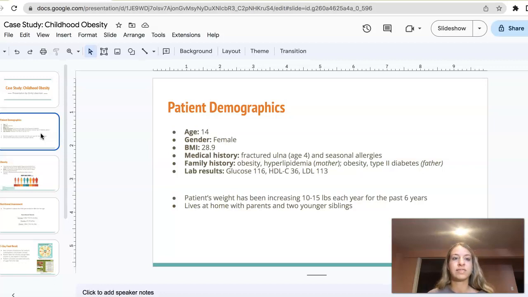So that is something that is definitely highlighted in the lab results that is abnormal, as well as her LDL of 113, which is an elevated LDL cholesterol. So those three main lab results are the most abnormal. Everything else on her lab results showed normal ranges.